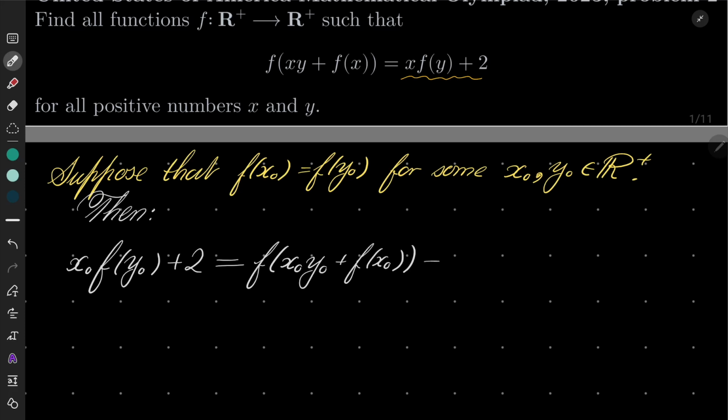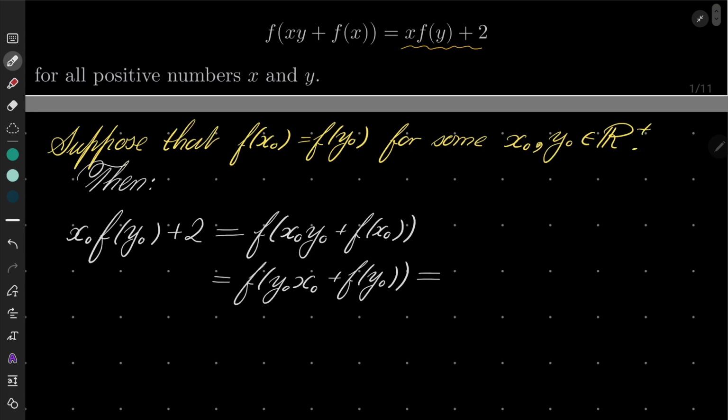And now notice the following. Here I can change the order, y0 x0, and f of x0 is by assumption just f of y0. And now I can use my functional equation again but with x and y flipped. So x0 stands in place of y0 and vice versa.